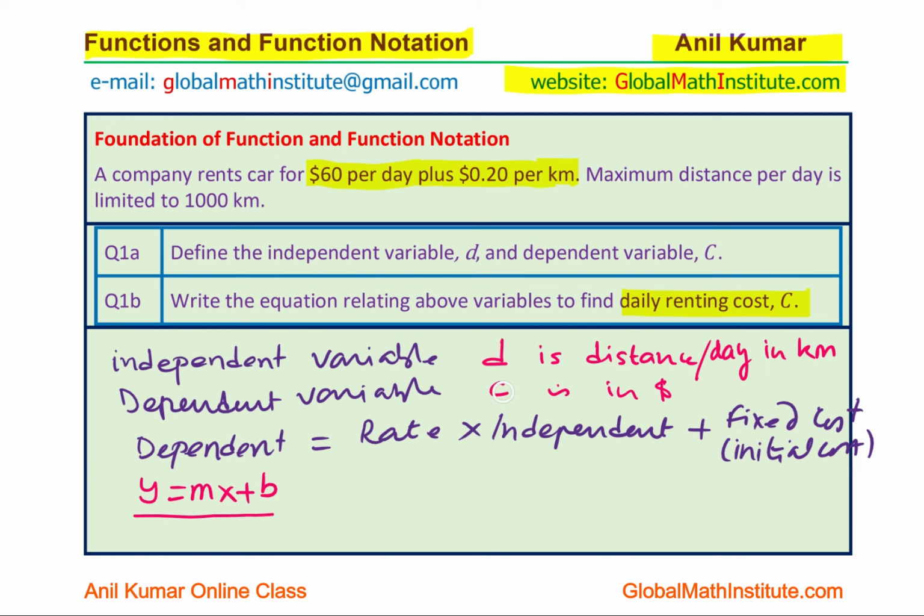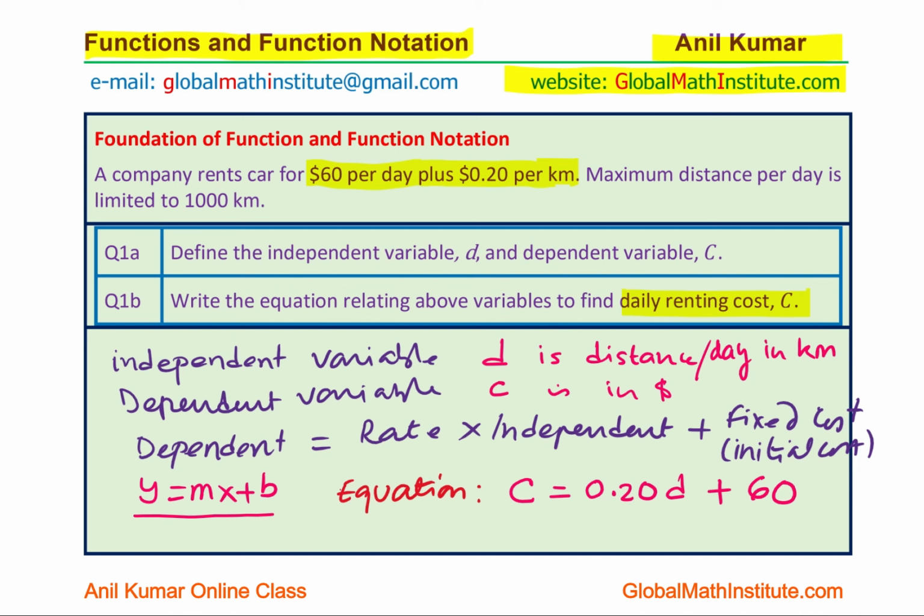Now, since I have defined the cost as C, which is dependent on the distance traveled D, my equation will be what, right? So let me write down the equation now. The equation will relate the cost C to the rate, which is 20 cents, times the independent variable D plus the initial cost of $60.